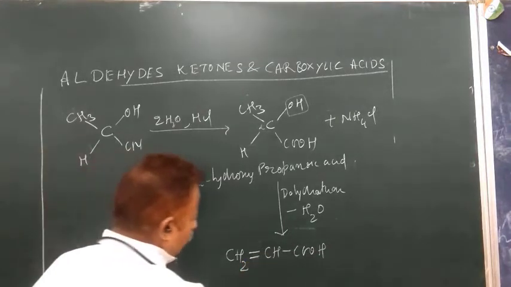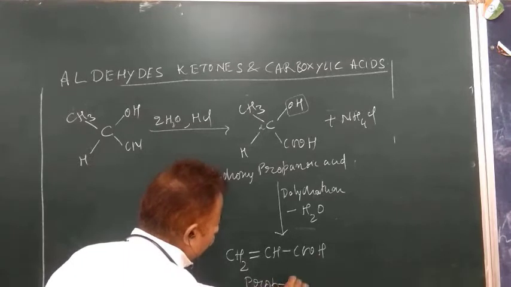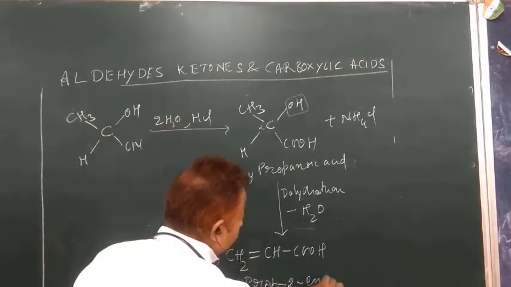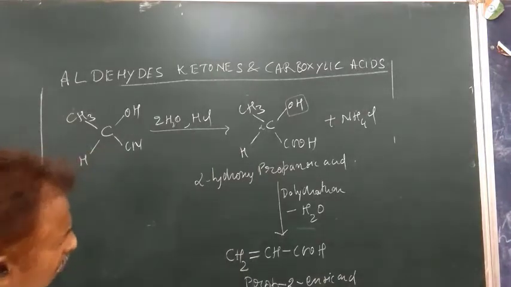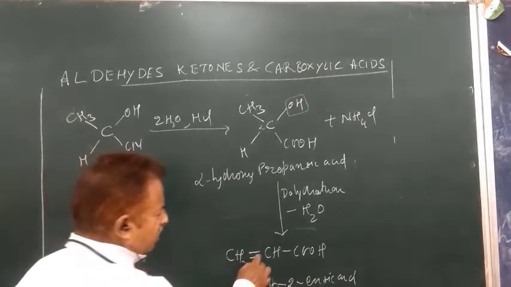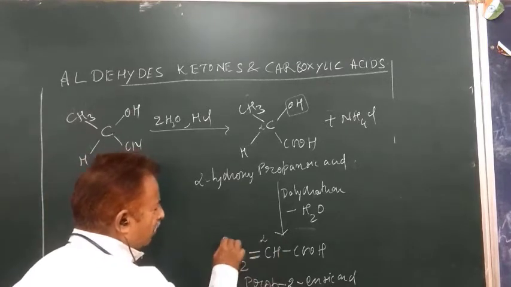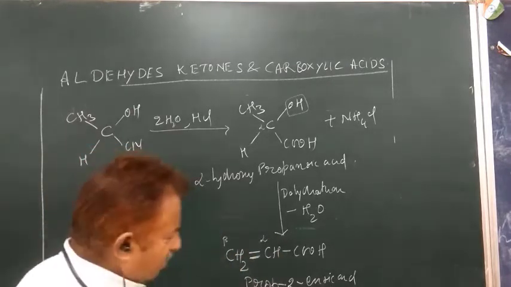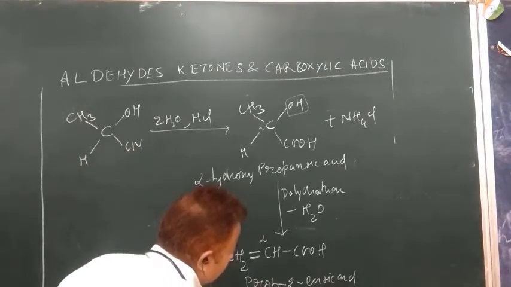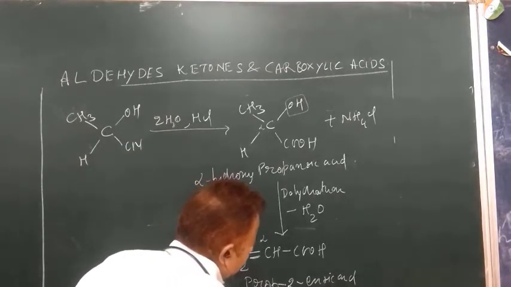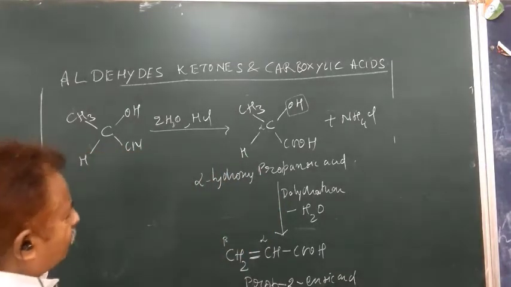The name of this compound is prop-2-enoic acid. Since the unsaturation, that is the double bond, is present between the alpha and beta carbons, it is referred to as an alpha beta unsaturated acid.